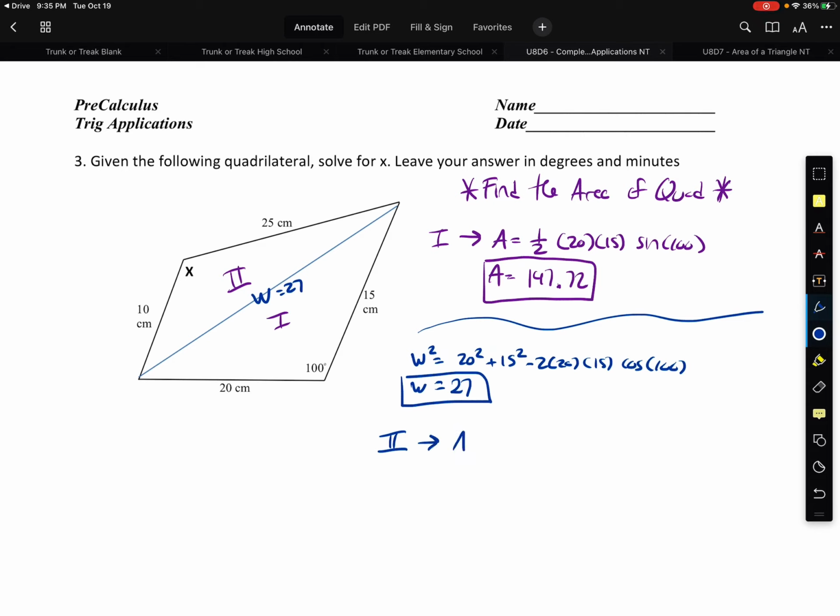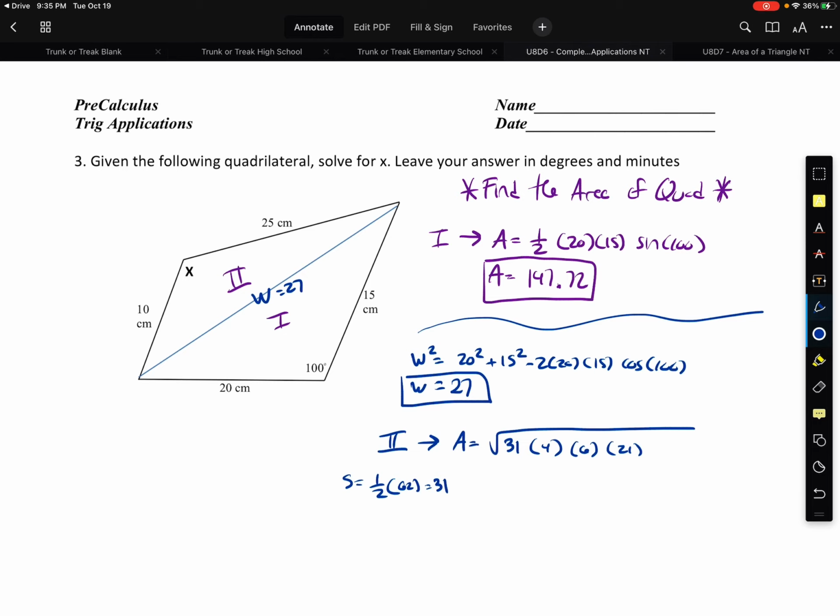With section 2, I could find the area now using Heron's formula. S equals half the perimeter, which in this case is 25 plus 27 plus 10, half of 62, which is 31. Then the area is the square root of 31 times (31 minus 27, which is 4) times (31 minus 25, which is 6) times (31 minus 10, which is 21).